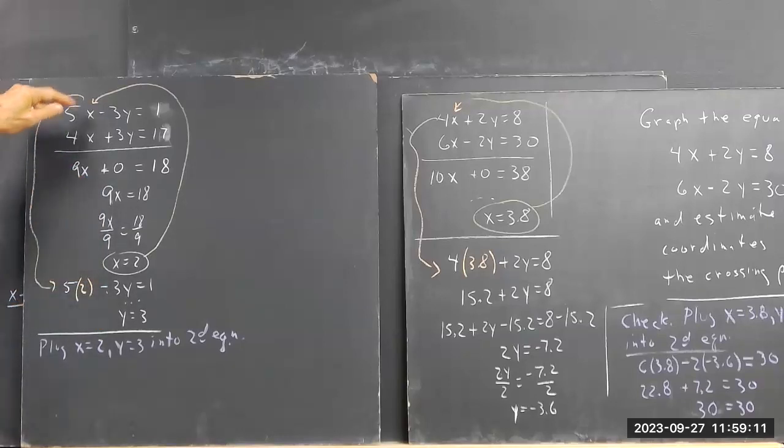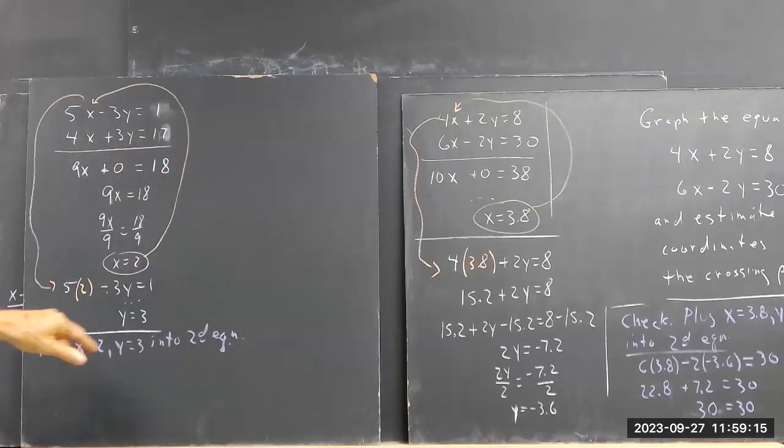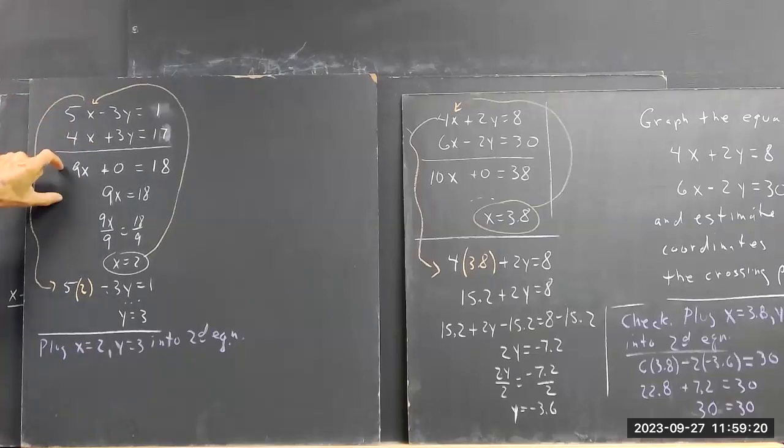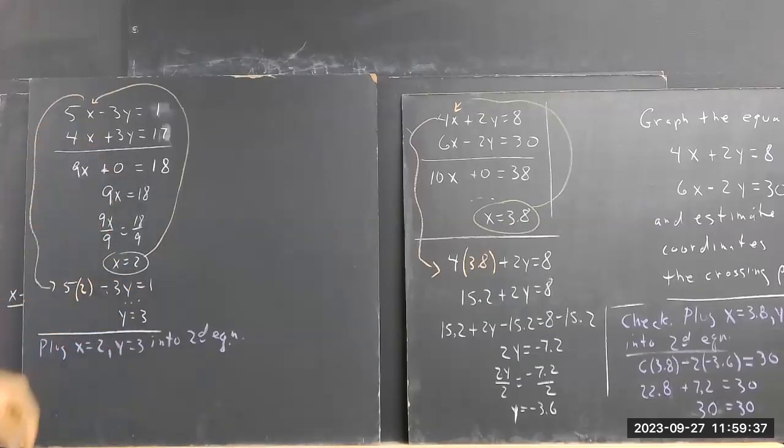It doesn't confirm that the step where we added the two equations is correct. If we plug it into the second equation, then we're also testing whether we added the two equations correctly. Another way of saying it is, if we made a mistake in adding the two equations together, we wouldn't detect the mistake by plugging y equals 3 into the first equation.